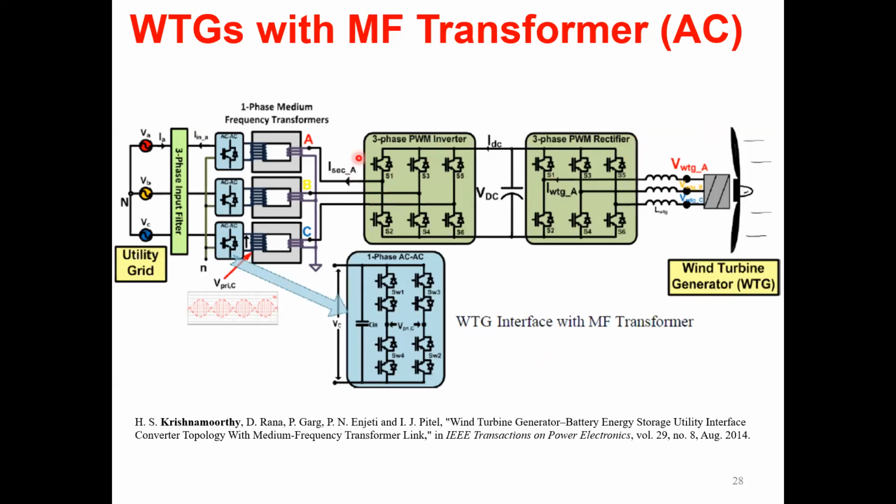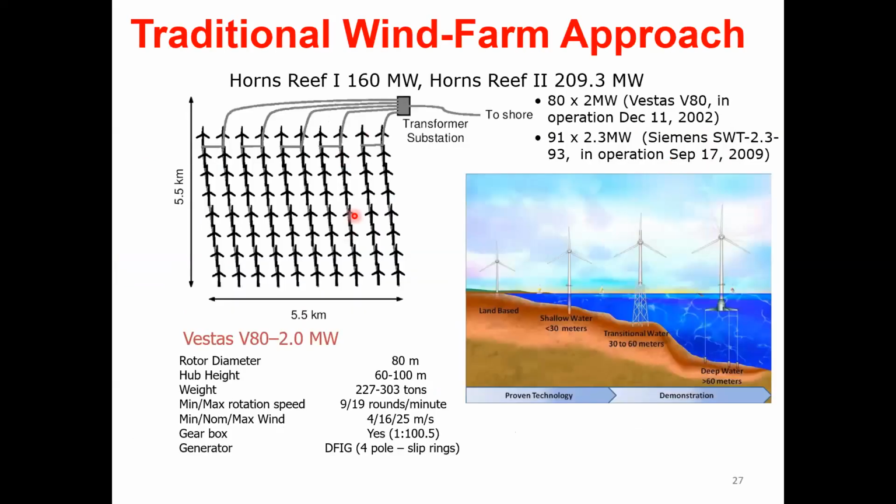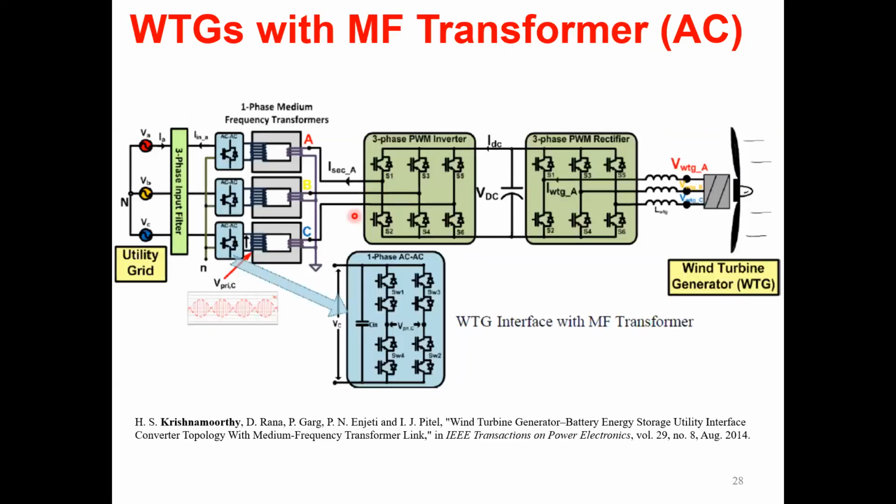This inverter, instead of giving line frequency, 50 or 60 hertz AC as is done in this case, transitions to a medium frequency. As you can see, this is the voltage that the transformer will see. Then you can use AC converters on the other side to interface to the grid.